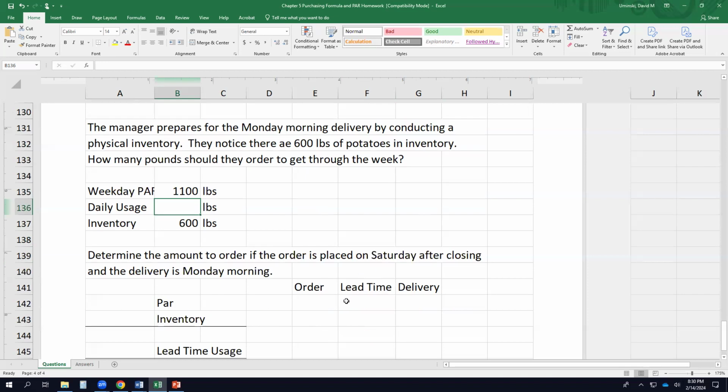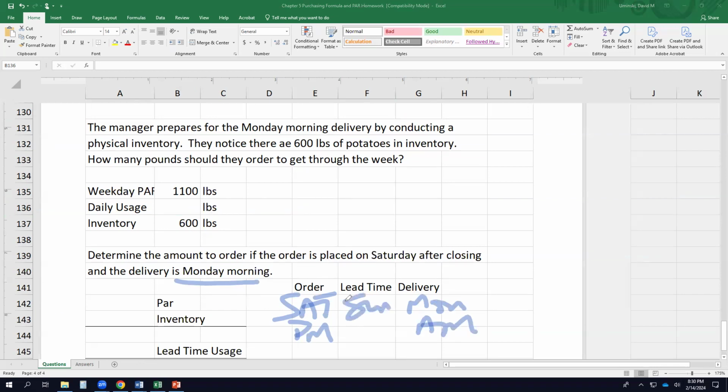So if my order is placed on Saturday PM and it's delivered on Monday AM, I have Sunday in between. So it's just that one day.